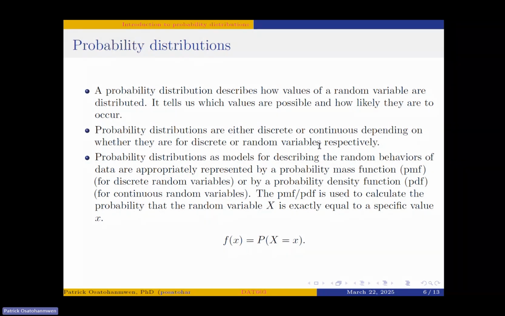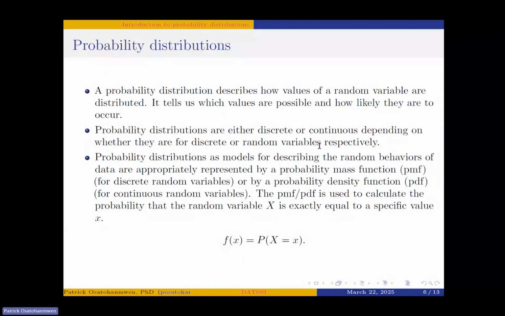Now, for example, in a class like ours, if I ask everyone their age in this class, we cannot have someone returning an age and saying, oh, I am minus 20 years old.